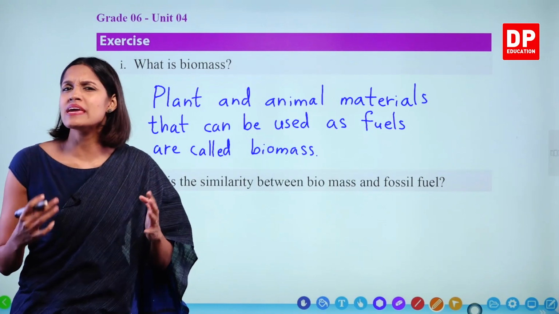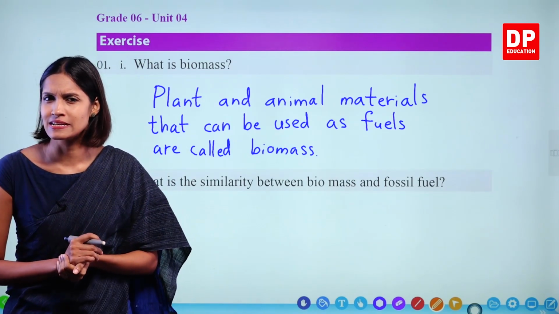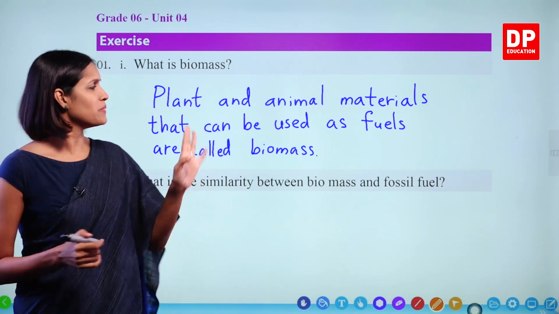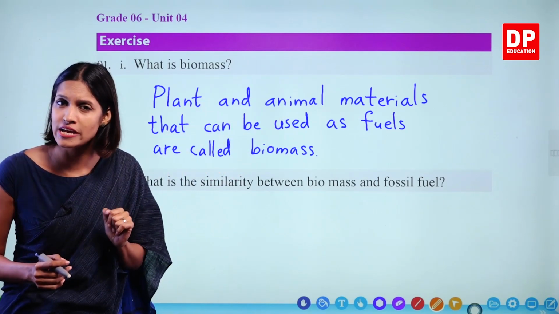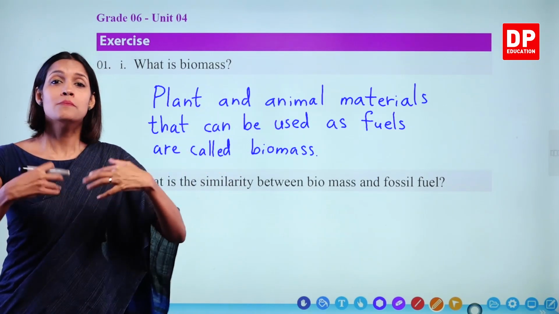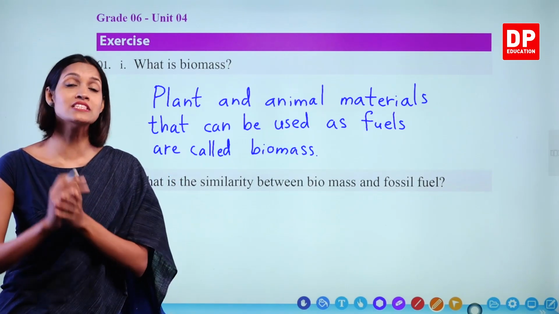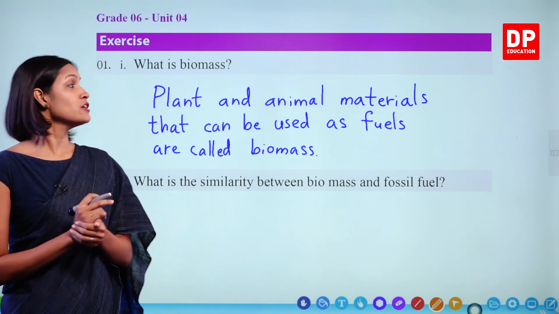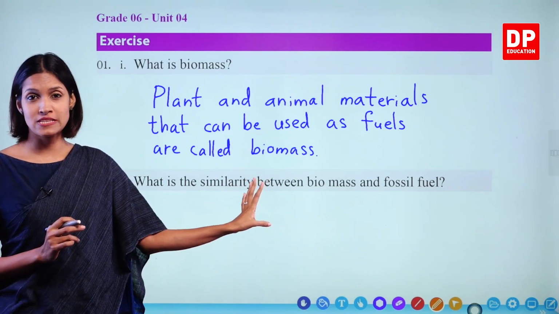So what is the basic type of energy present in plant and animal materials, children? That is solar energy. So why do we say that the basic type of energy present in plant and animal materials is solar energy? That is because plants obtain energy in order to do photosynthesis by solar energy. Okay, children? So by using solar energy, plants can do photosynthesis.